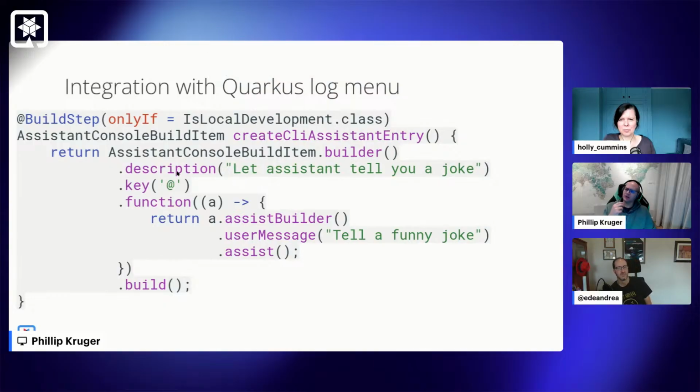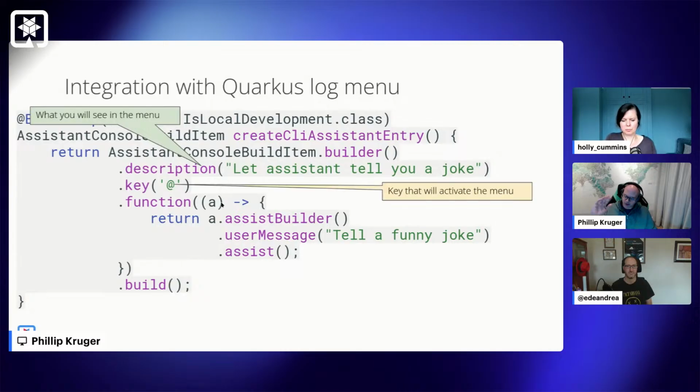So this is one of the build items that's now available in that assistant in the Quarkus core repo. As an extension developer, you can produce this assistant console build item. Now there's already a console build item in Quarkus core that allows you to do anything in console. What this does is it gives you as an input the description, which is exactly the same, that's what you see.